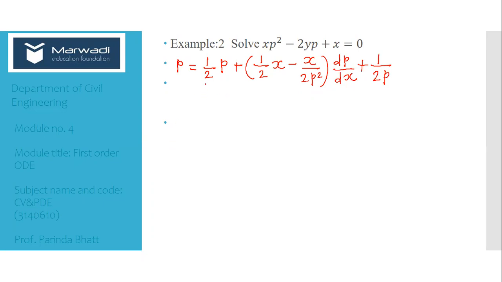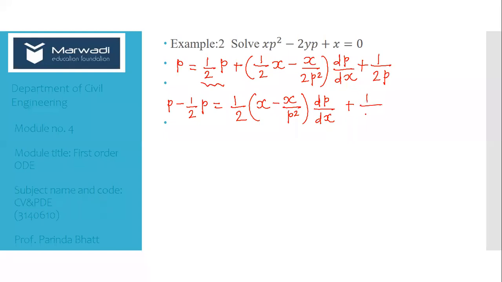Now this 1 by 2 we move to this side, therefore p minus 1 by 2, p minus half, p equal to 1 by 2 is also taken common from this bracket, right? Therefore x minus x by p square, dp by dx, plus 1 by 2.